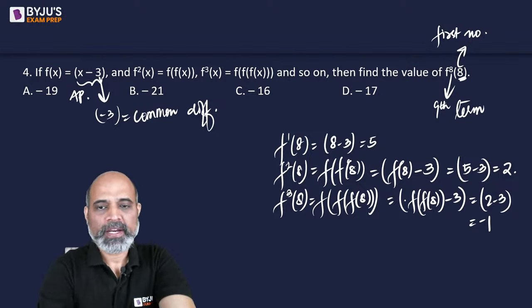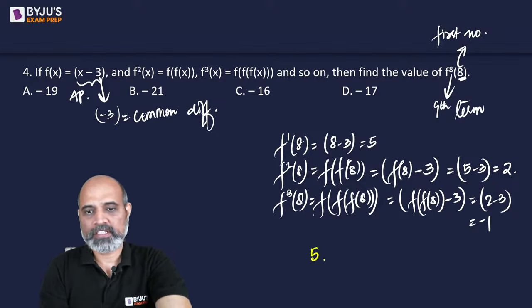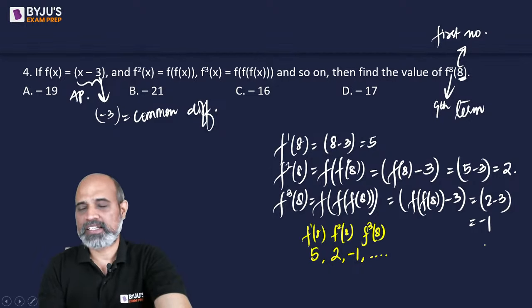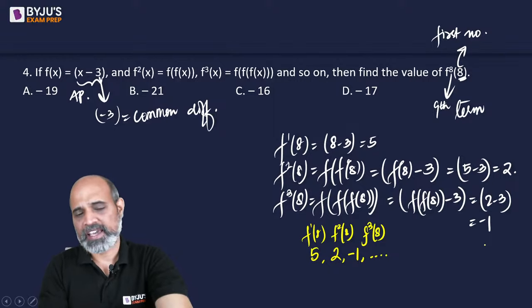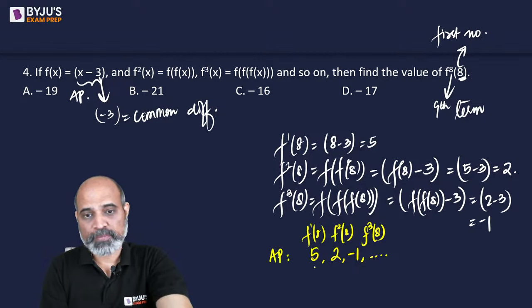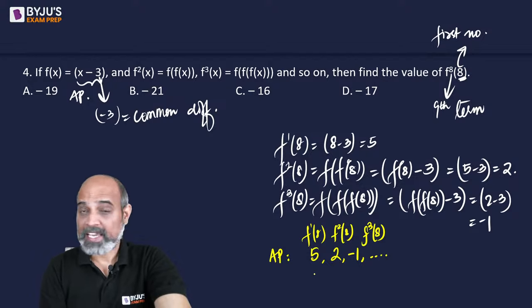And if you stop right here, what you will find is the terms are 5, 2, minus 1 and so on. 5 was when we had f1 of 8, 2 is when we had f2 of 8, minus 1 is when we had f cube 8, it's f of 3 times 8. So if this continues, what you find is this is an arithmetic progression, right, where the first term is 5, not 8.